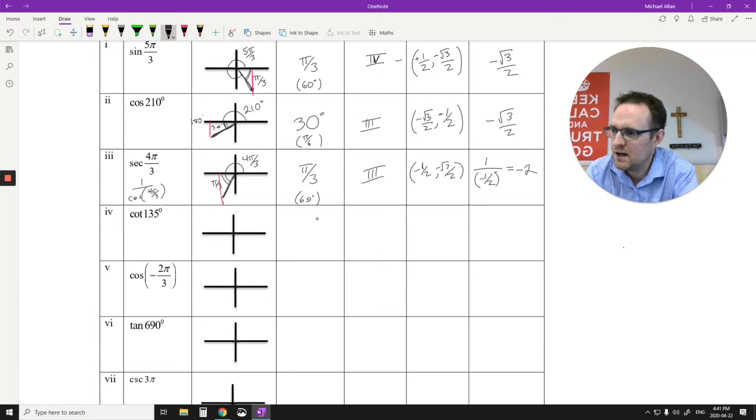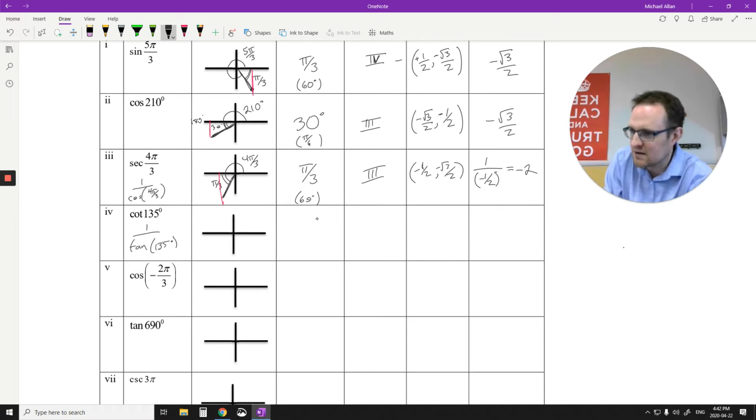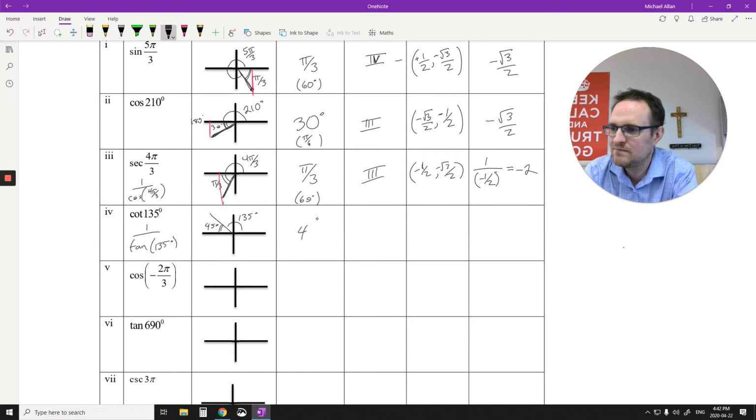Cool. Cotangent. So this is going to be 1 over tan 135. You notice the angles don't change. I'm not flipping anything over with those. So 135 is in this quadrant. If you do the math on that, this ends up being 45 degrees. We're in quadrant 2. Because we are 45 degrees, we're both 1 over root 2, or 2 over root 2, whatever you want to write.